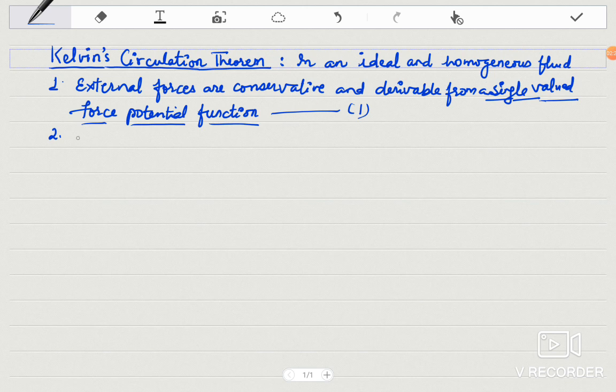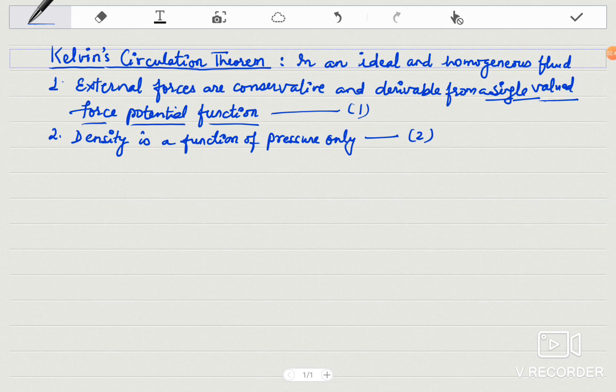Second condition is that density is a function of pressure only. That means it is a barotropic fluid. Density is a function of pressure only. So this is the second condition.